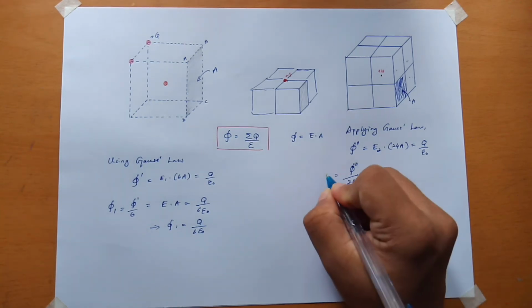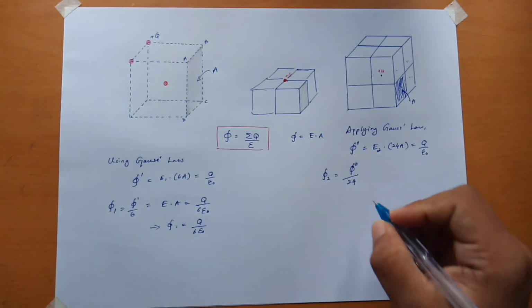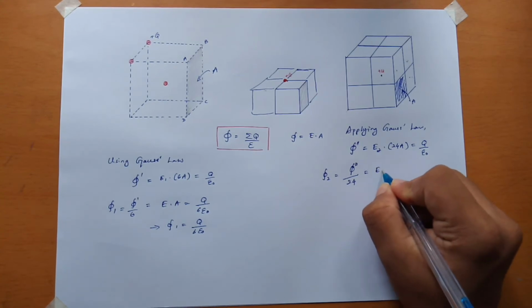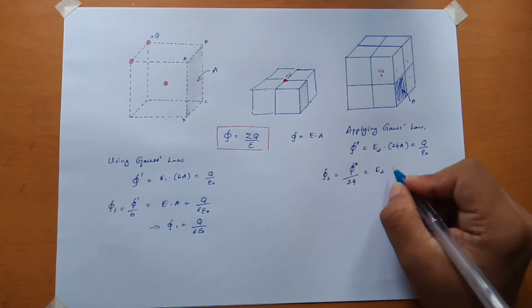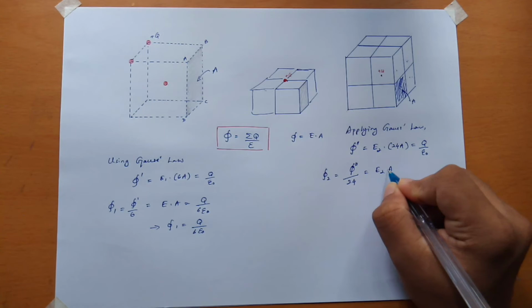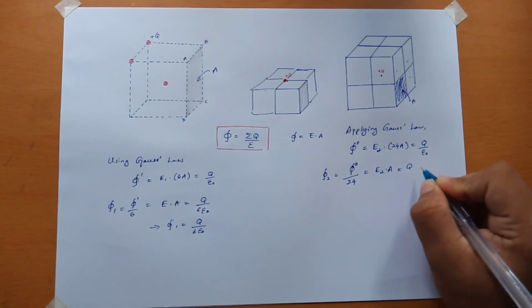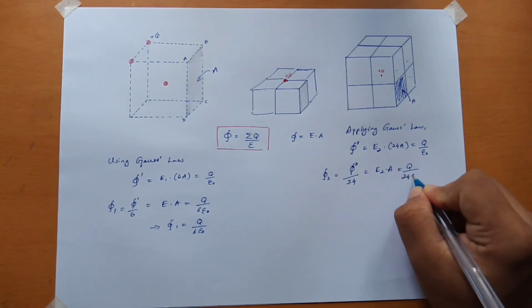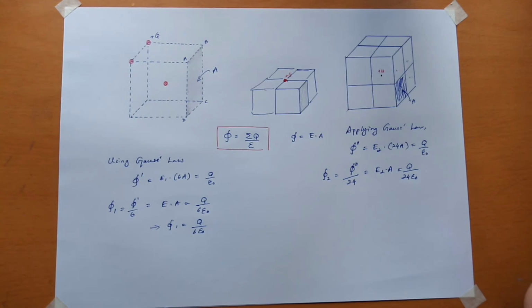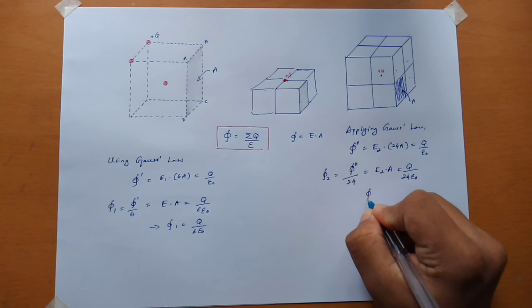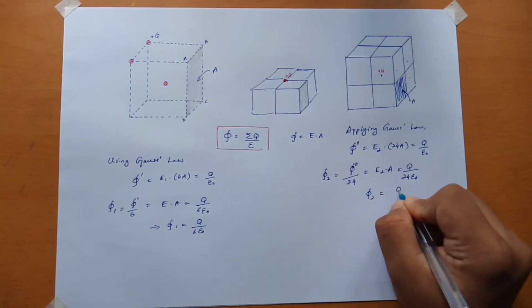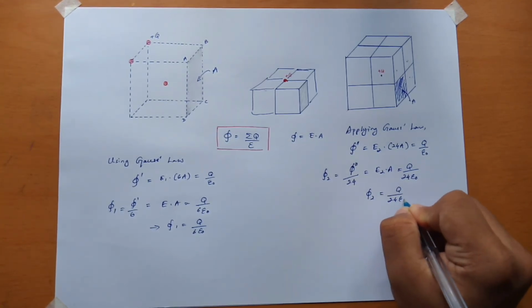I will take this as psi 2. So we get E2 into A equals Q over 24 epsilon naught, so psi 2 is equal to q over 24 epsilon naught.